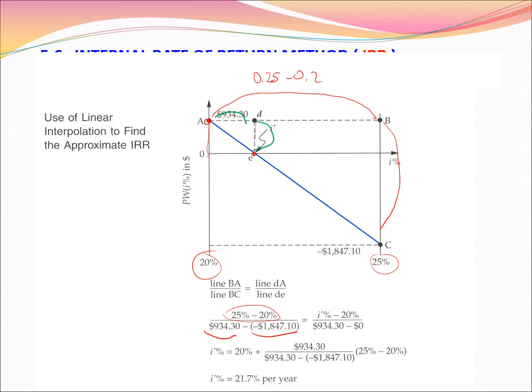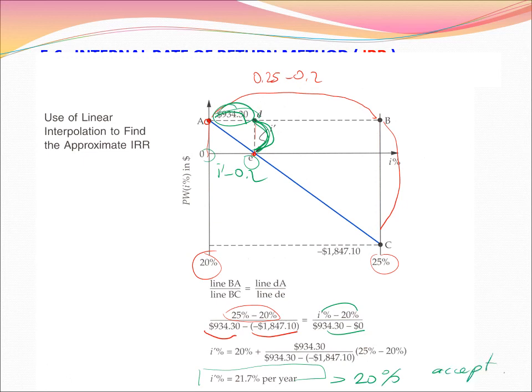And this side over here is I prime minus 0.2, like this. And this one over here is this value minus 0, this one. And from here we find this I prime to be 21.7%, and since this is larger than MAR, which is 20%, we accept.